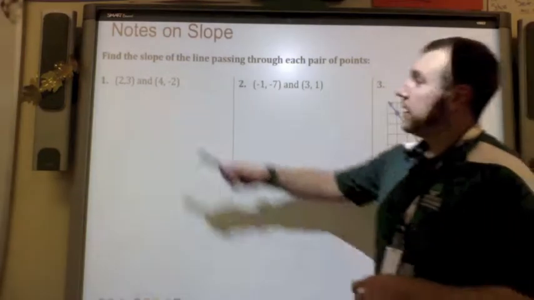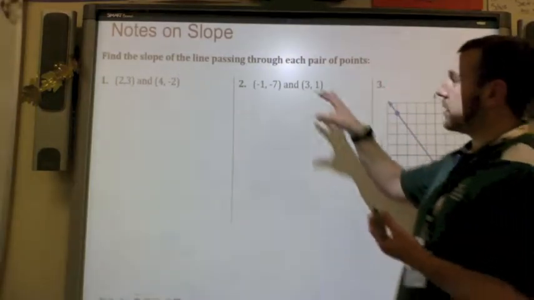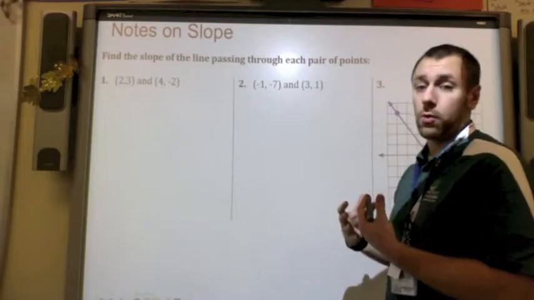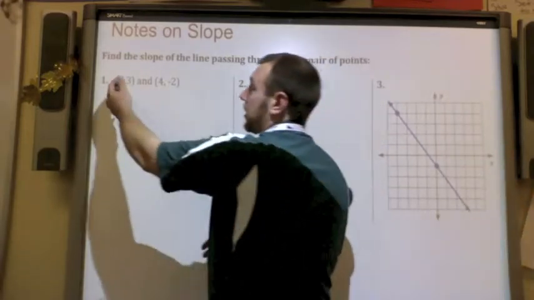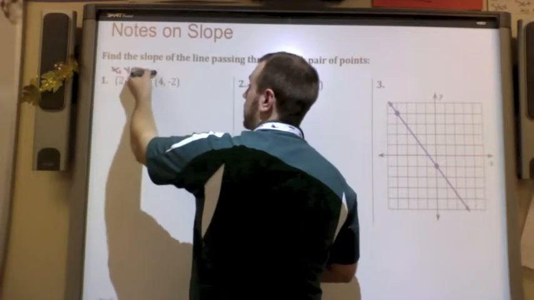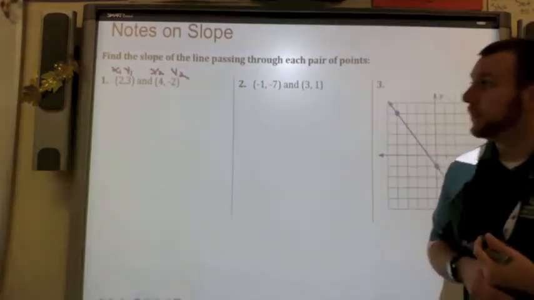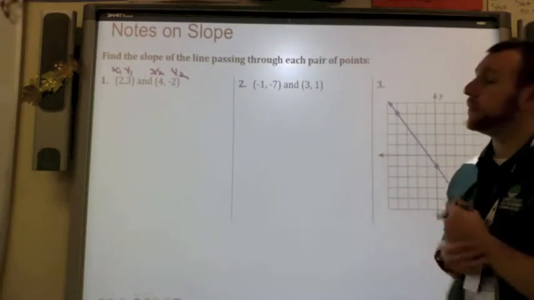So in this case, I have 3 examples for you. There are 2 points here, and there's a graph here. So whenever you're given 2 points, I'm going to use the formula. So I'm going to label this as x1, this is y1, this is x2, this is y2. And it always goes xy, xy.